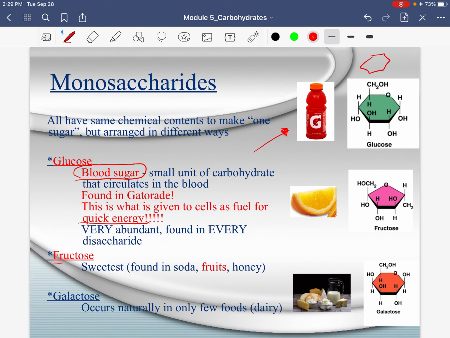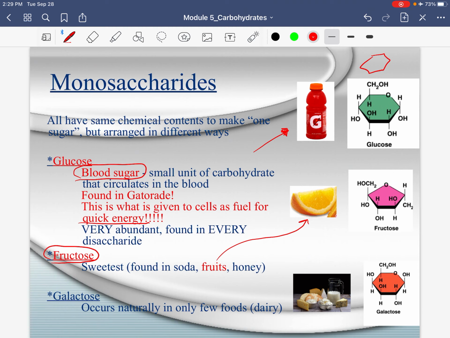Fructose. Fructose is something that we find naturally in fruits. I don't know about you, but back in the day when I was younger, I played soccer. Halftime, one of the moms or one of the parents would bring some orange slices. Great little way to bring in some glucose or some monosaccharides when needed.